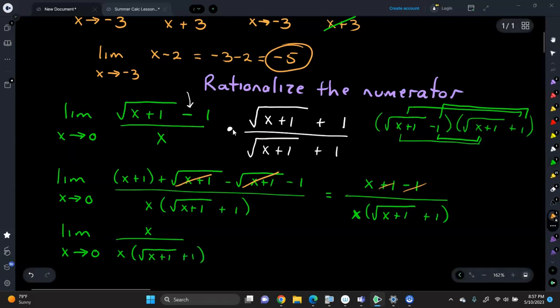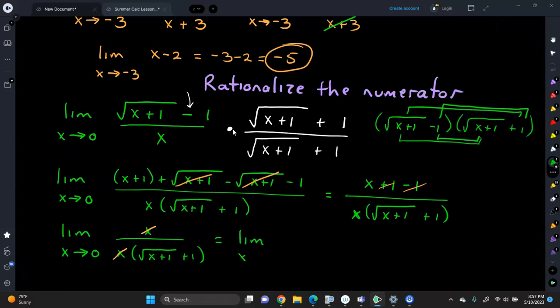Well, that looks like it's still a problem because I'm going to have a 0 in the denominator. But it's not, because these x's are now going to cancel. And that leaves me with the limit as x approaches 0 of 1 over the square root of x plus 1 minus 1.